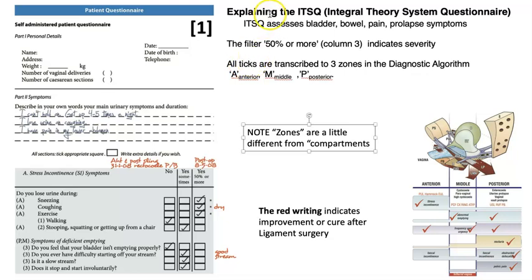So the ITSQ, Integral Theory System Questionnaire, is a validated questionnaire, and it assesses bladder, bowel, pain, prolapse symptoms.